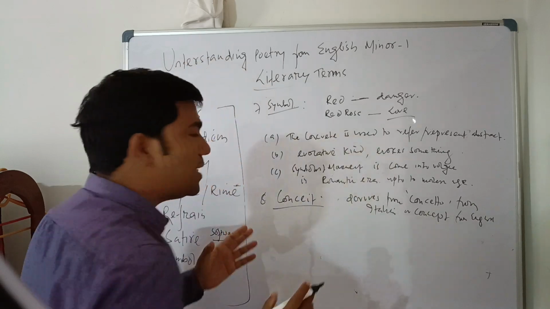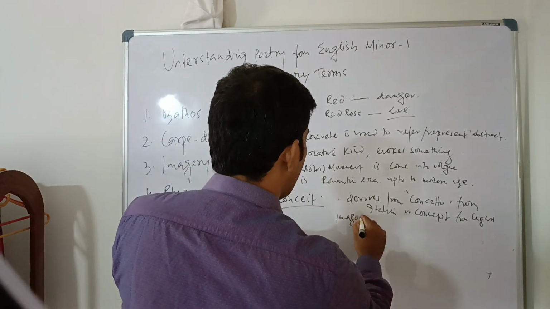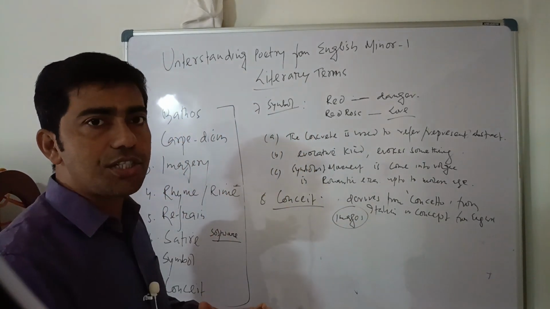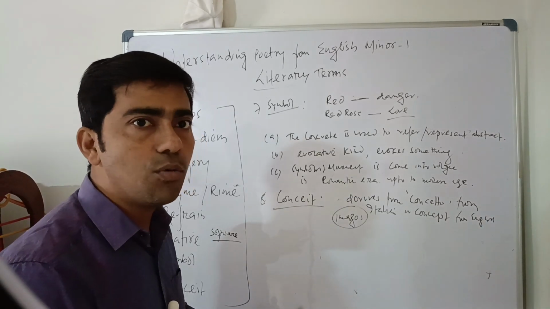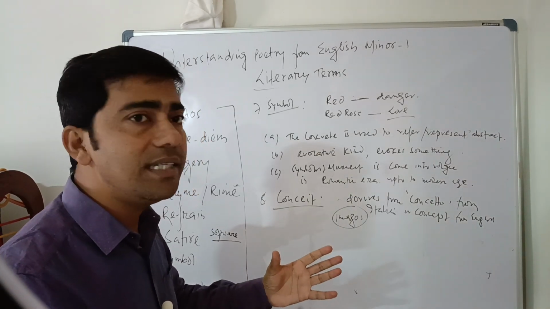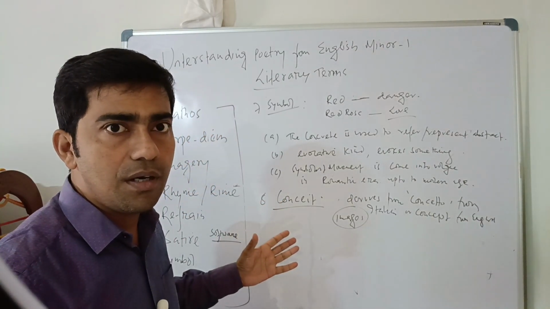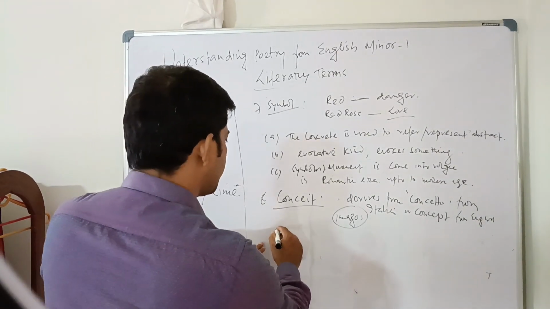It is actually about images, and the images will be far-fetched. Two dissimilar images are connected with conceit, and the conceit is the combination of simile and metaphor.